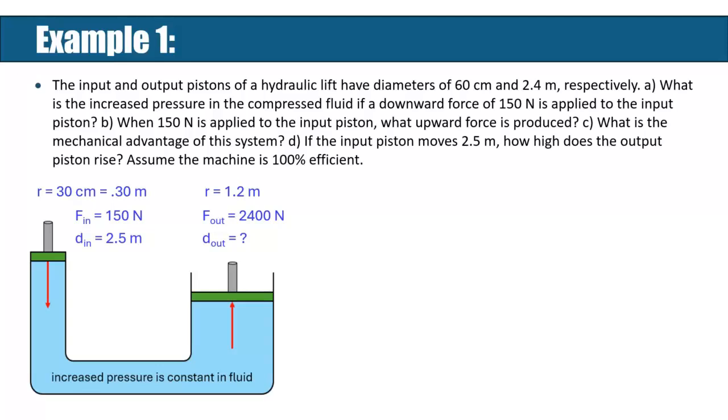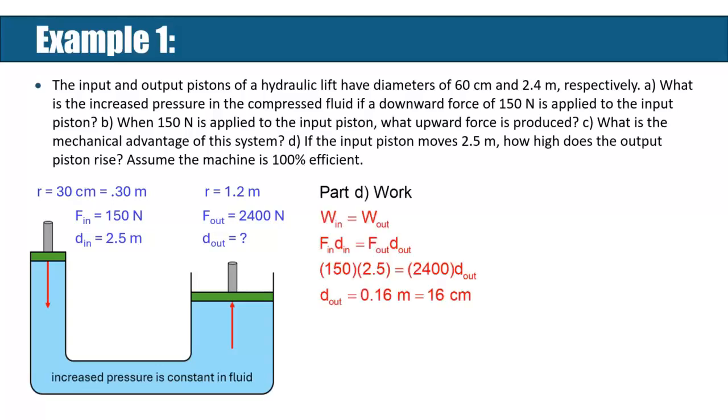If this machine is 100% efficient, that means that the work input has to equal the work output. And the work input is what's happening over here at the input piston. Work is force times distance. So the force input times the distance input has to equal the force output times the distance output.